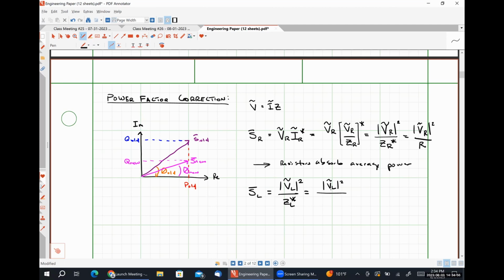J omega L. Yep. And because we're doing the conjugate, it would be negative J omega L. Well, what's 1 over negative J?